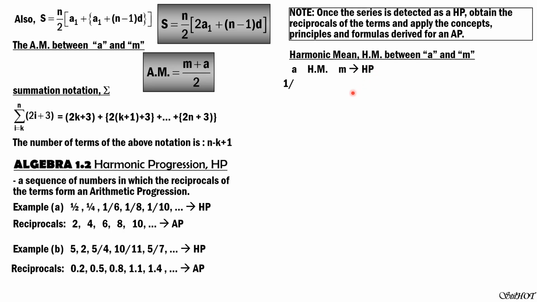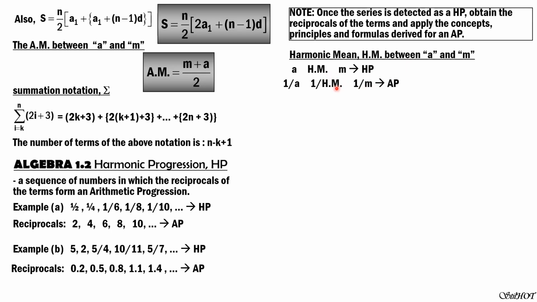The reciprocals would be 1 over A, 1 over harmonic mean, and 1 over M, which would be in arithmetic progression. Remember that we cannot deal with the harmonic terms directly, but rather we can only apply this suggested step in order to derive the harmonic mean between A and M.